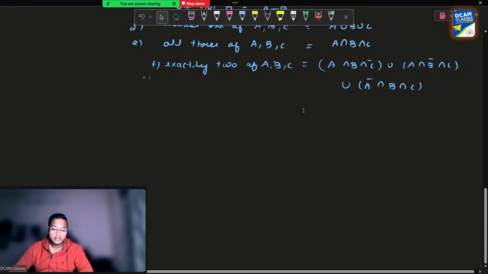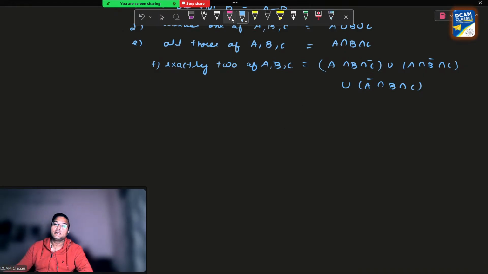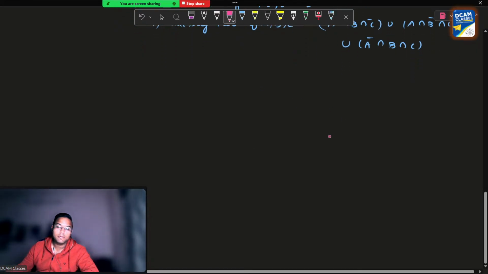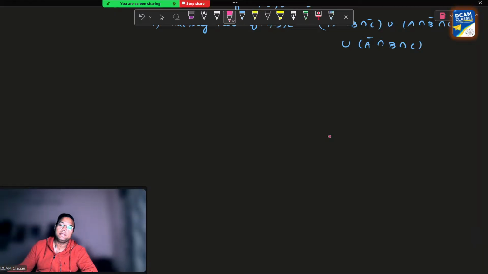Now, these are the basic things. From here, I'm telling you the basic probability which will be present in your examination. What's the probability?